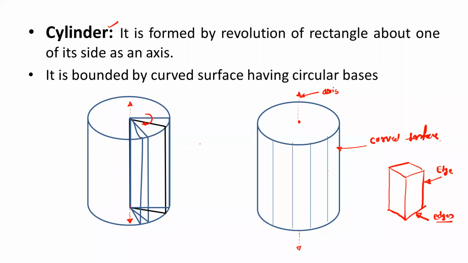Okay. And therefore, when we draw the projection, we will assume some imaginary lines as reference lines on that surface. Okay. So here you can observe these imaginary lines. These imaginary lines are called the generators.